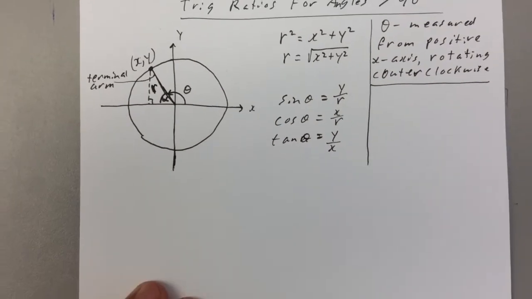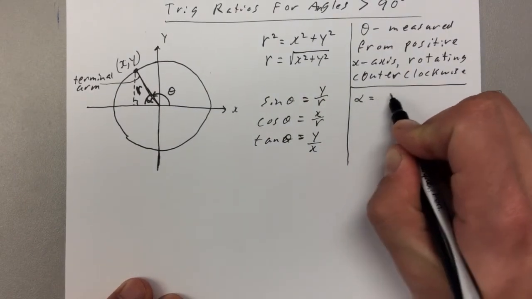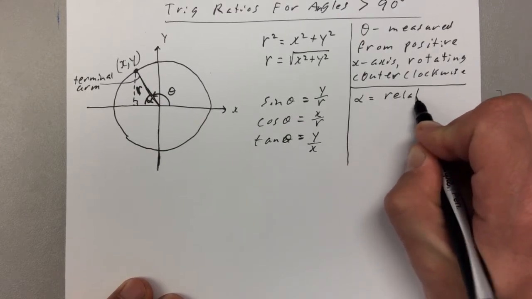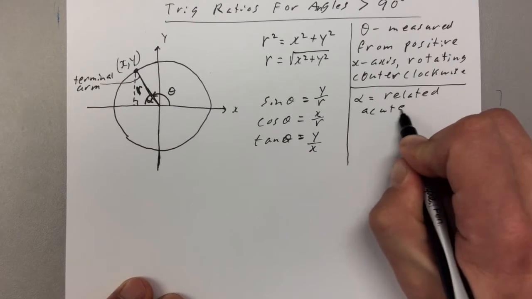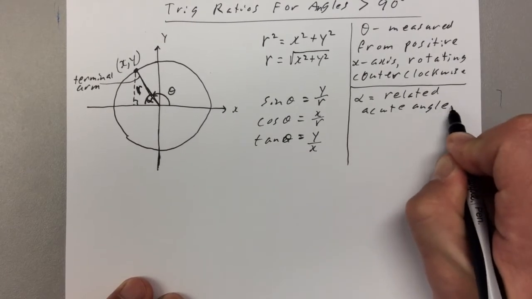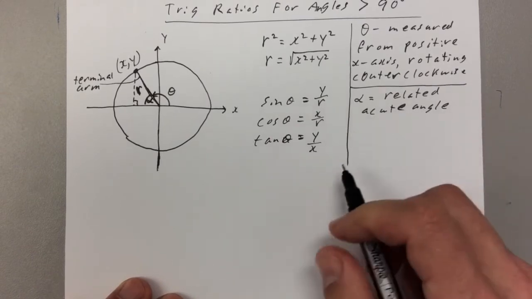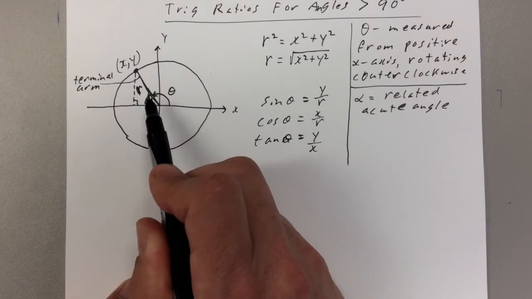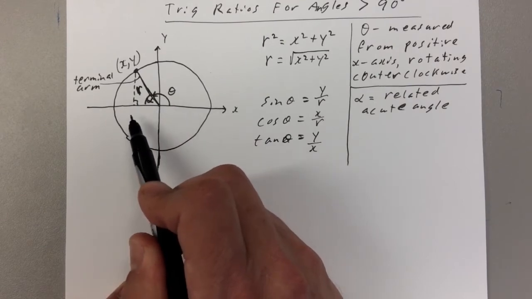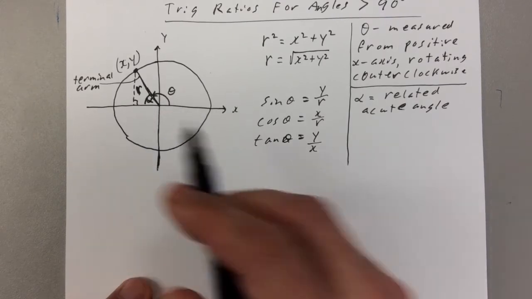So over on the side here, I'm going to write that out. Alpha equals the related acute angle. And it's measured from the terminal arm to the closest x-axis. Okay? So not necessarily the positive x-axis or negative, the closest x-axis.